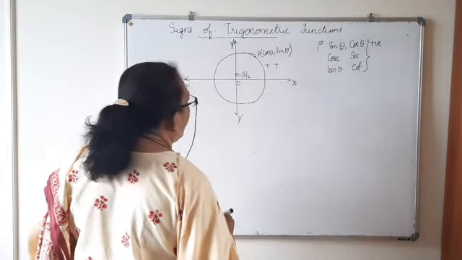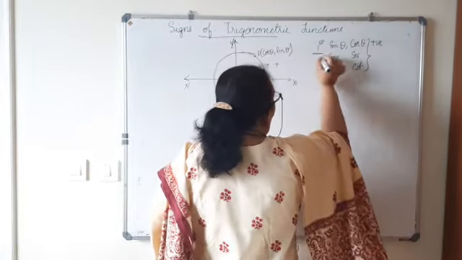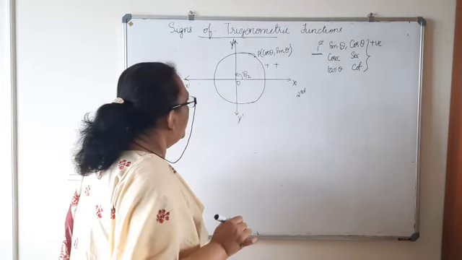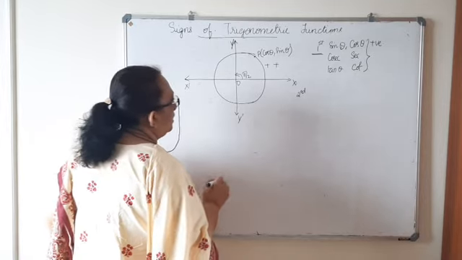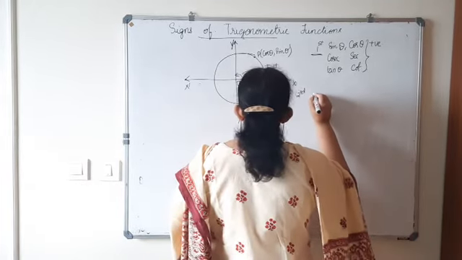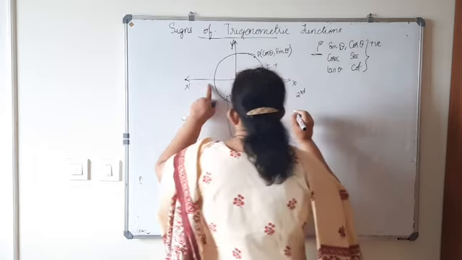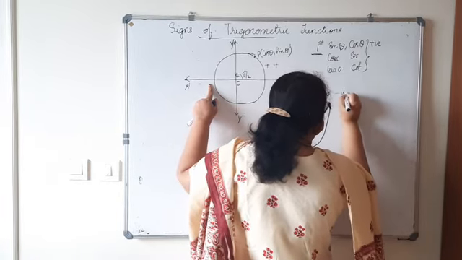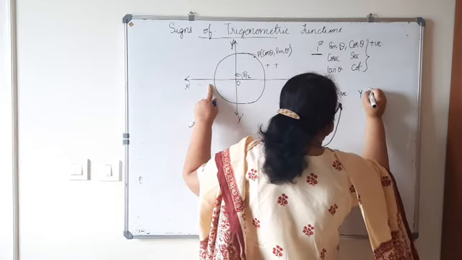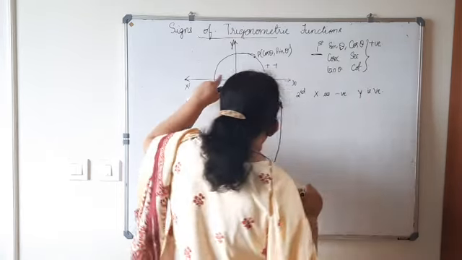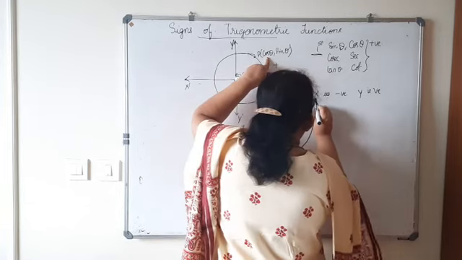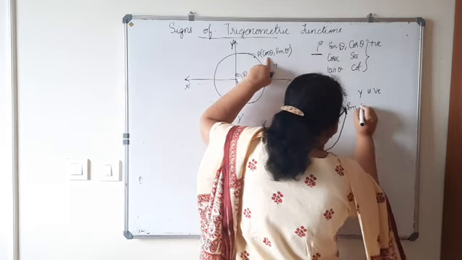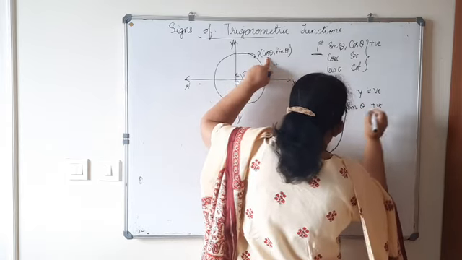When it comes to the second quadrant, what happens in the second quadrant? x is negative, y is positive. So x is negative means cos theta is negative. Sin theta is positive.